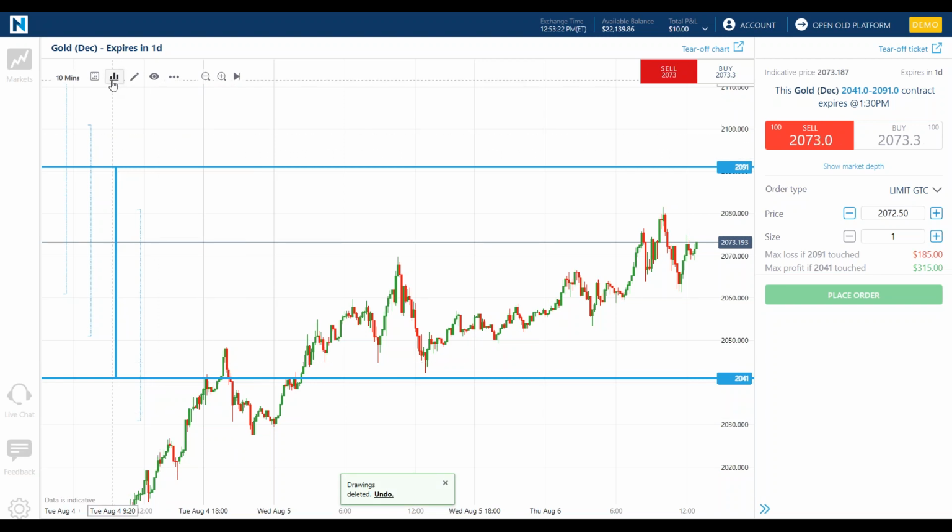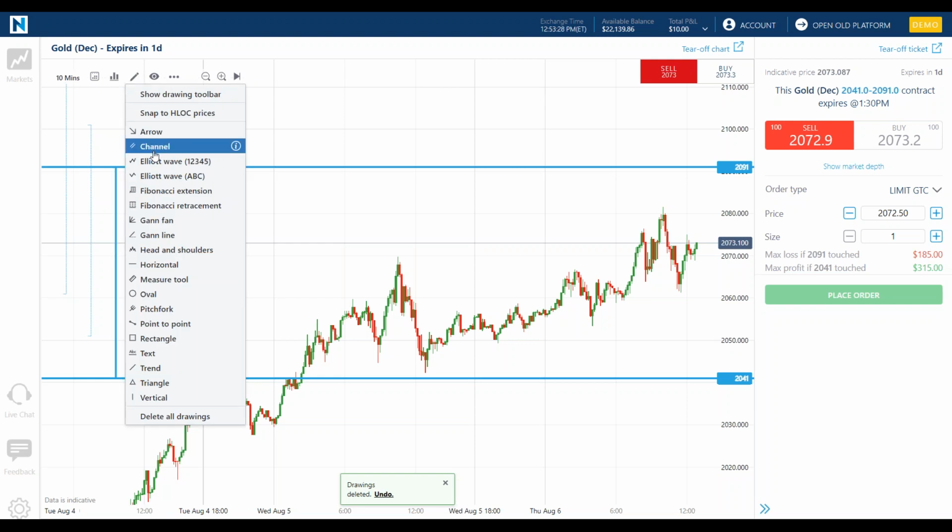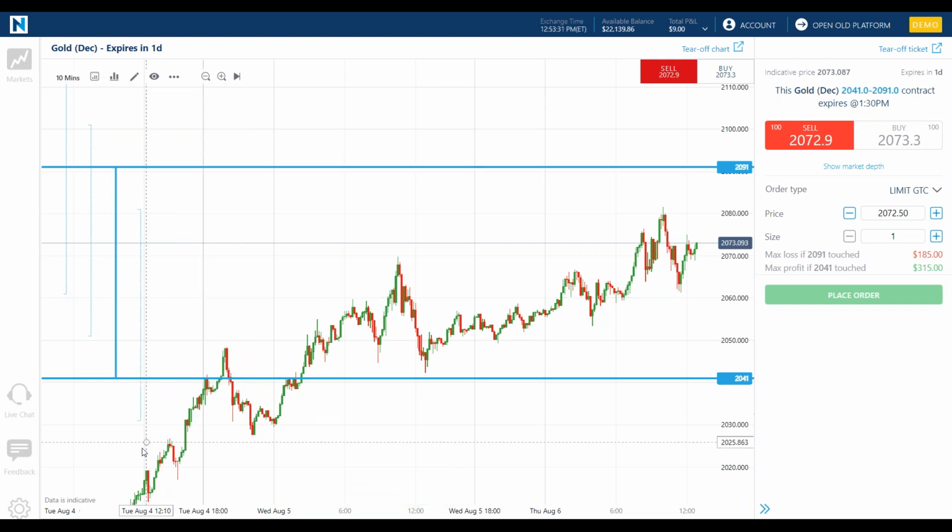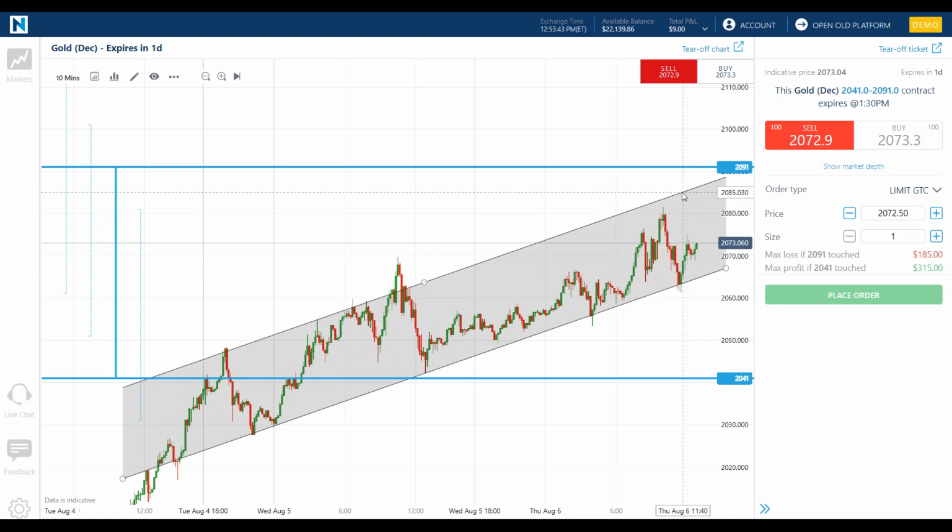They prefer to have some type of a channel indicator, which is a way to draw trends, but put some parameters around it. Here, I'm going to go ahead and click channel. And if I do this right, you can see how I drew that where it's always touching at the bottom side. And then I can sort of open up my channel to where it's seen some resistance as it's gone up.